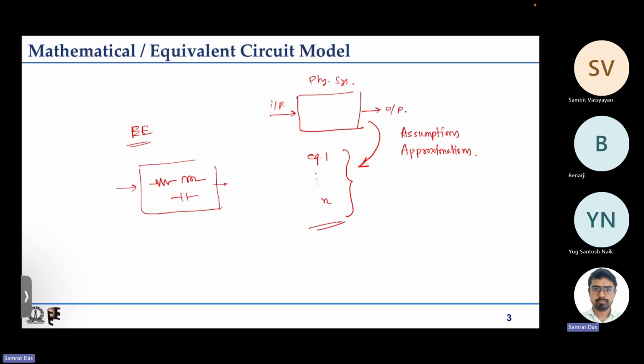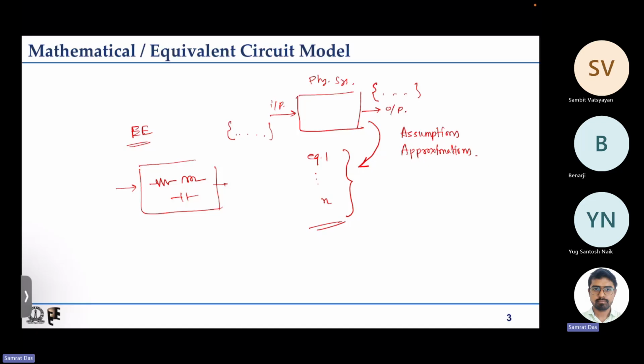So when can we say that our model is good? A model is a good model when we make reasonable approximations and assumptions such that if we have a set of inputs, that set of input gives some set of output. We may have different sets of input, each one corresponding to an output.